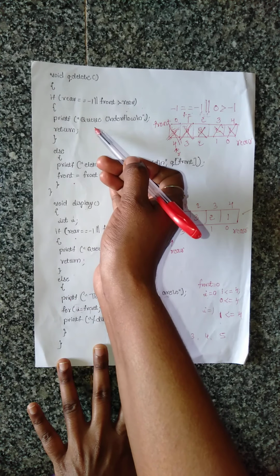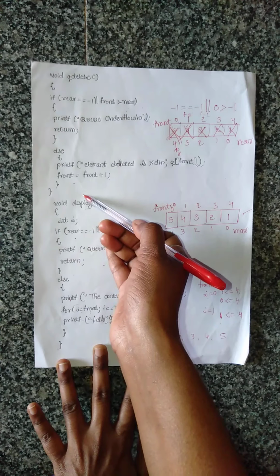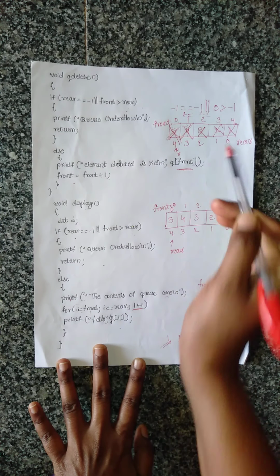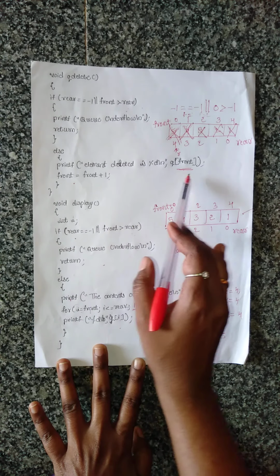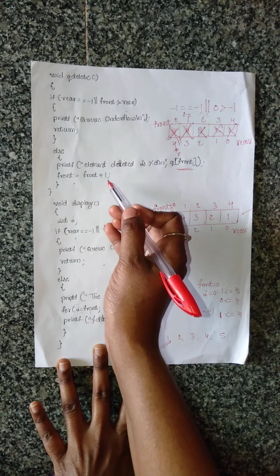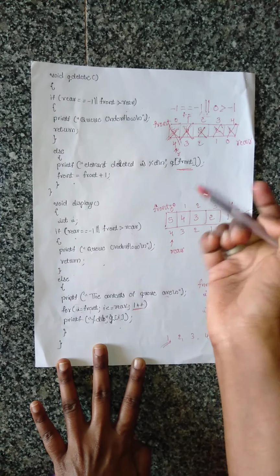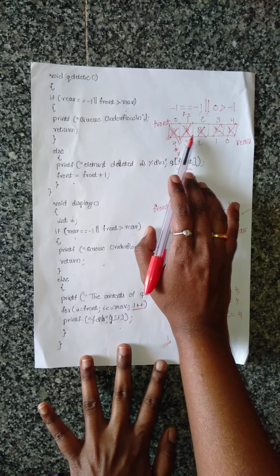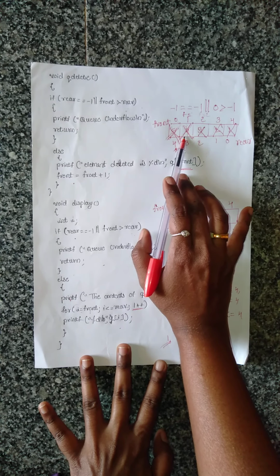If it does not satisfy, it goes to the else statement. We have to delete the element from the front end, and when you are deleting elements from the front end, front is incremented by 1.